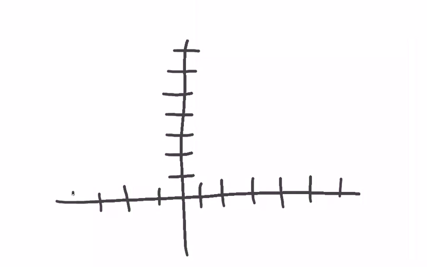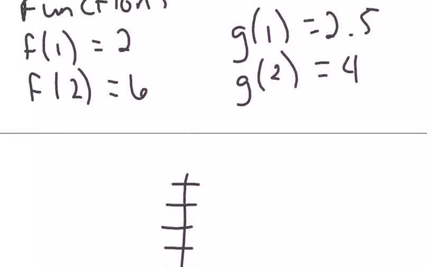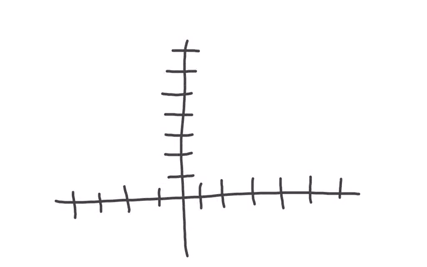Well, if we look at a graph with these pieces, and we look at f of x, it said that f of x is exponential, f of 1 is 2, so they plugged in 1 and got 2, and then they plugged in 2 and got 6.